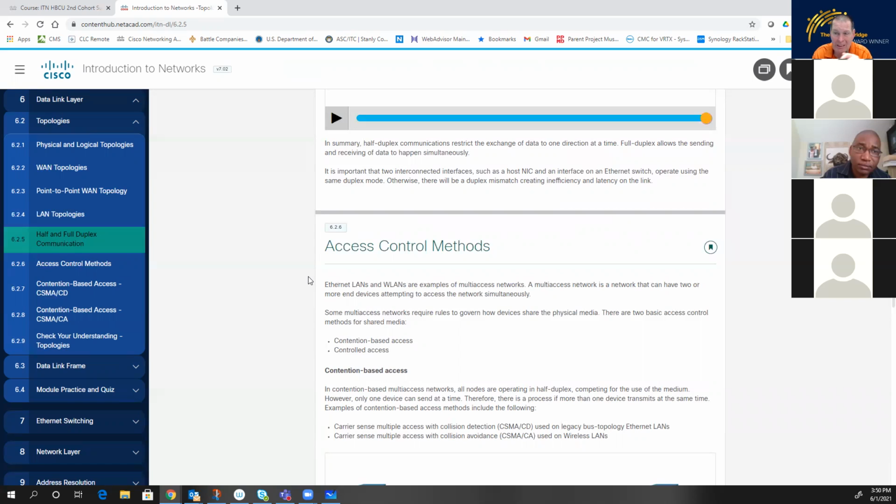So a contention based access method means there's going to be competition for access to the media. Controlled access means there's no competition. Someone's in control. There's a cop or a token passing mechanism that says you have control, you can talk.